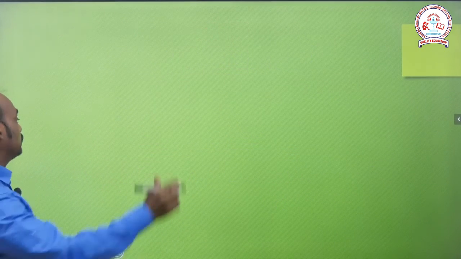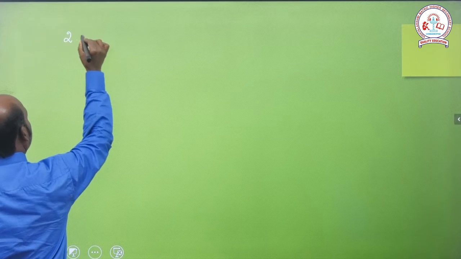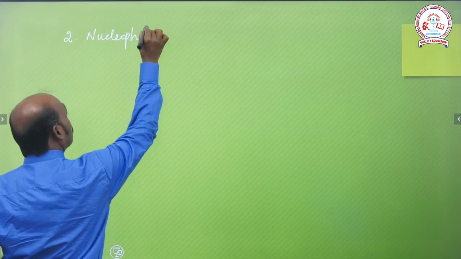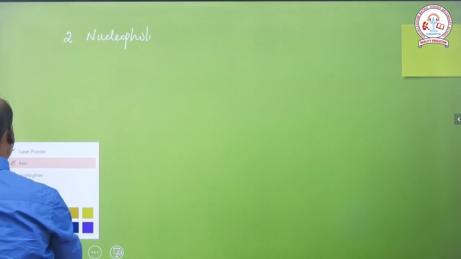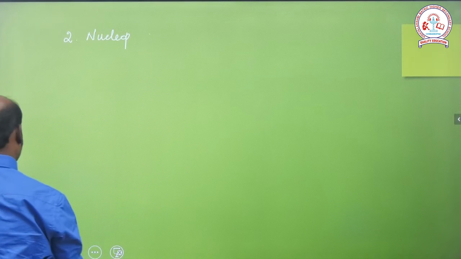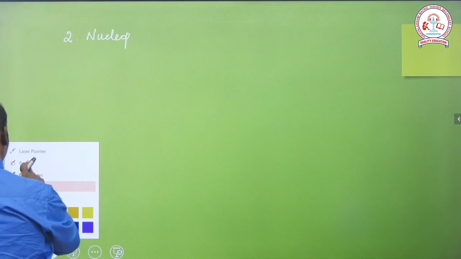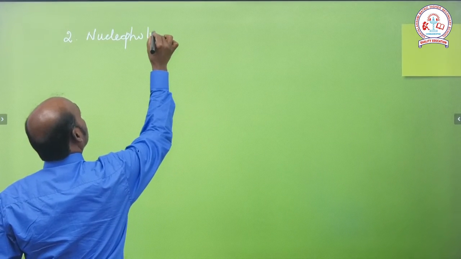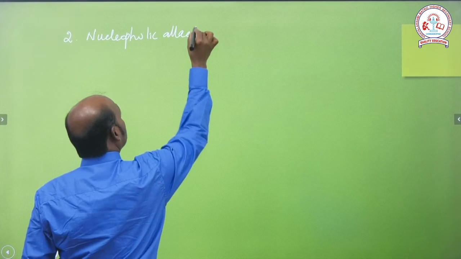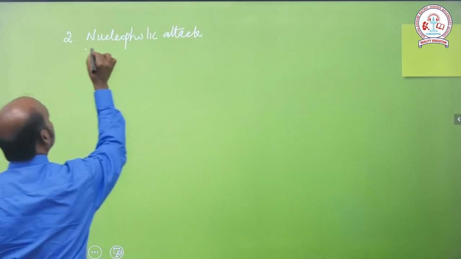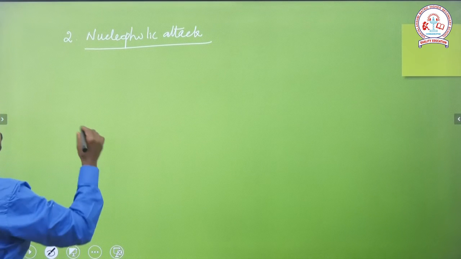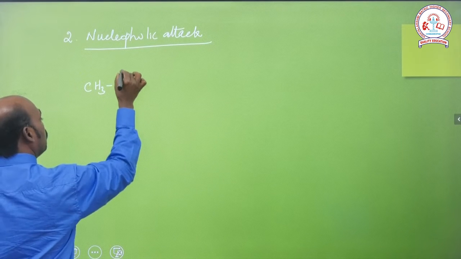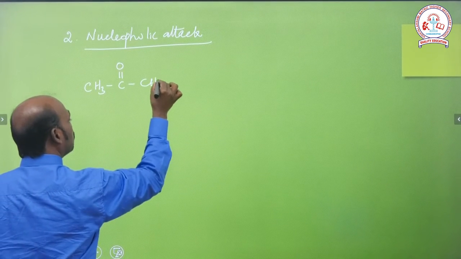Second step is nucleophilic attack. So next, let us take acetone CH3 C double bond O CH3.